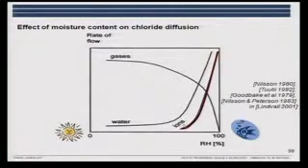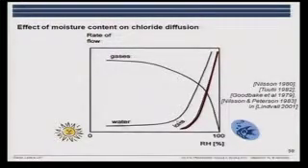If we have ions, they need water to be transported in, if we're not considering that the ions actually are transported together with the water. But if it's diffusion or migration, we need water. And then the rate of transport of water, here we have vapor transport and then capillary suction. So that would also increase in rate.